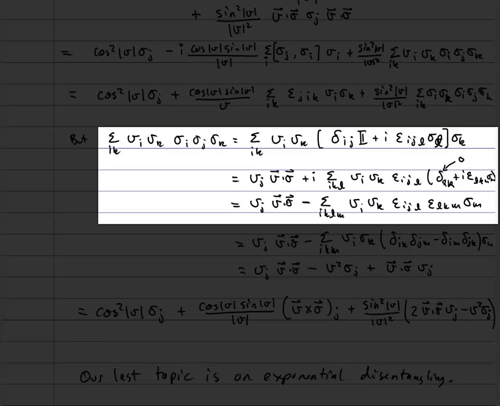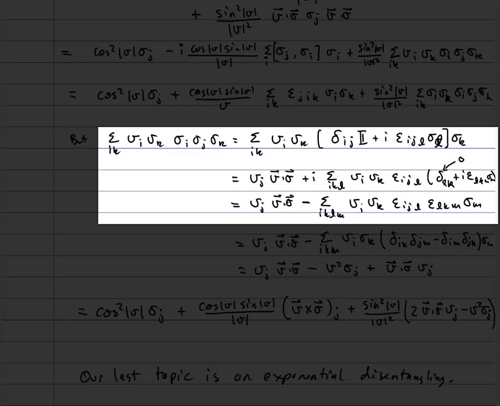When I look at the epsilon_ijl sigma_l term, I have a sigma_l times a sigma_k. I'm going to replace the sigma_l sigma_k with our identity again, because that's a product of two Pauli matrices. So that's going to give me a delta_lk plus an i epsilon_lkm sigma_m.